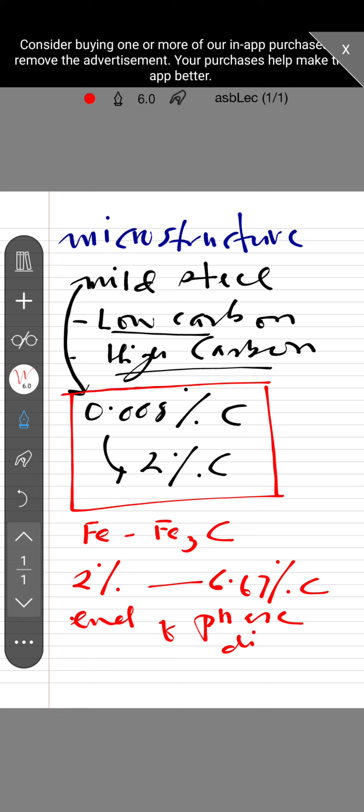So we get different allotropes of carbon.